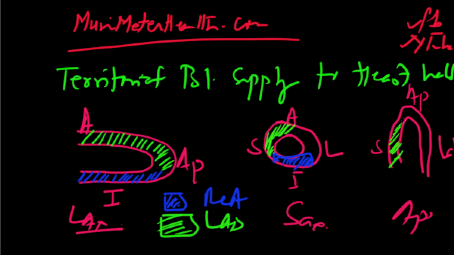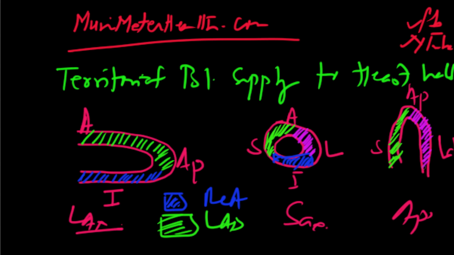So we are completed almost up to the apex in this fashion, and let's draw a different color. We'll choose a different color for the circumflex. So how is the lateral wall being supplied? Lateral wall is being supplied by the left circumflex. Here's from almost apex. The circumflex runs almost to the apex.